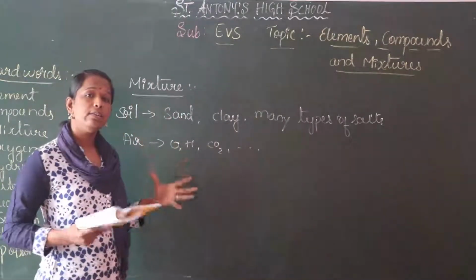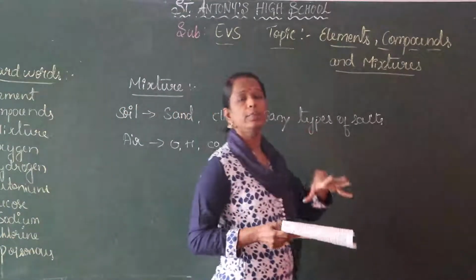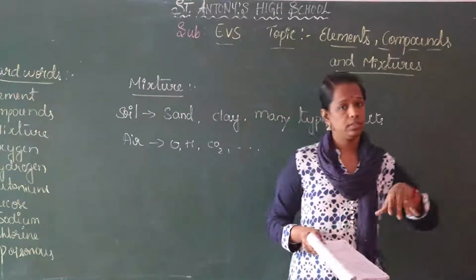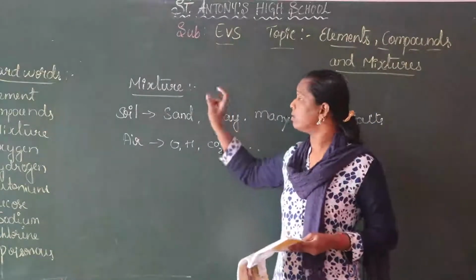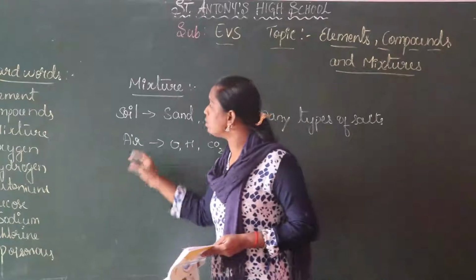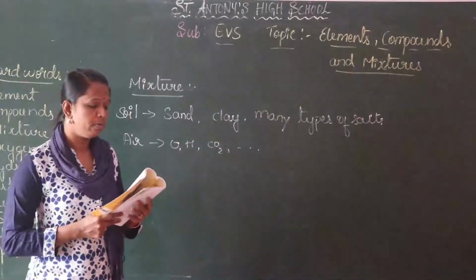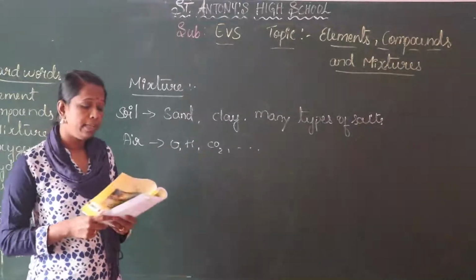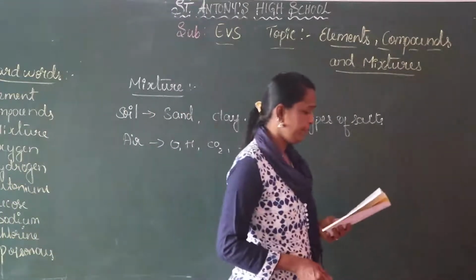Seawater dissolves salts, some minerals, some dust and other things, so it is mixed. That's why seawater is also called a mixture. Elements, compounds, mixtures may be solid, liquid or gas.